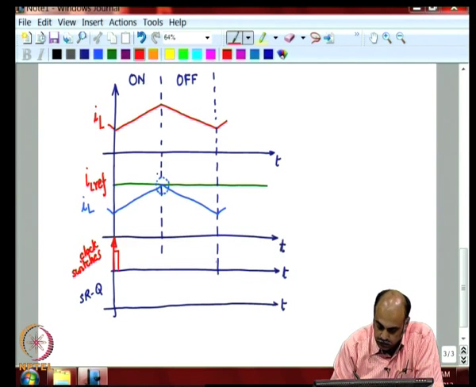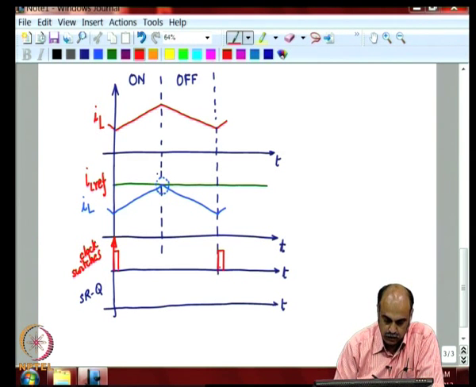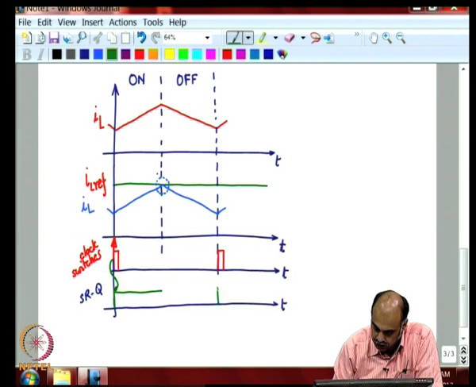The clock is going to appear every cycle at this time. And what happens to the SR latch? At this rising edge, this will go high.